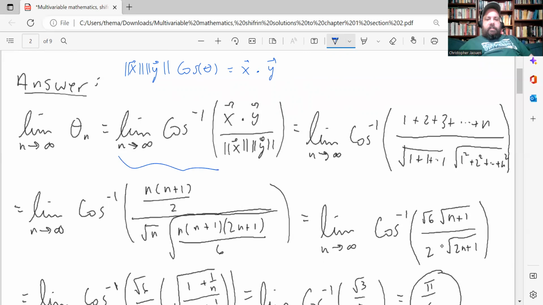If you take the limit of this as n goes to infinity and expand everything out, that's the same thing as the limit of this.